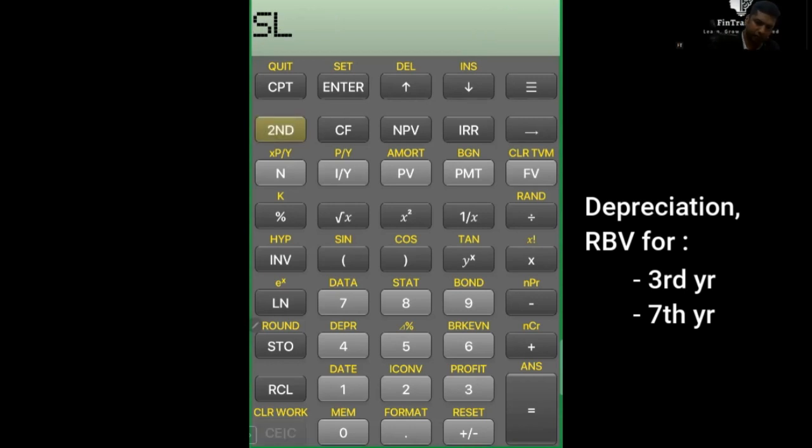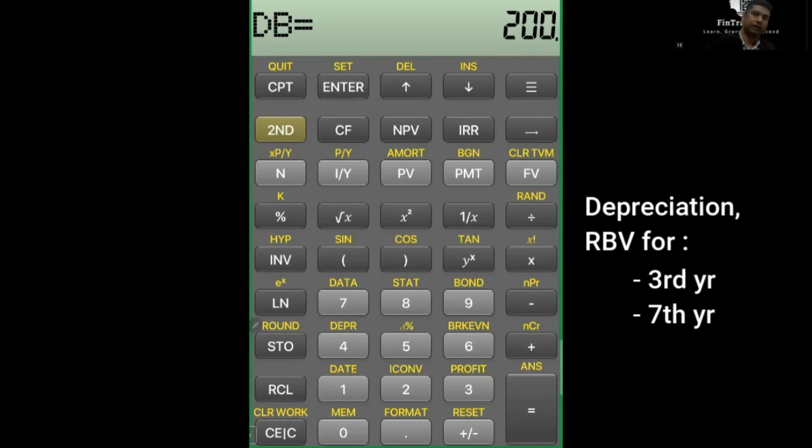Let me second clear work and then toggle to double declining balance. Here it is declining balance, but it is set to 200, which means it is double declining. If you are using certain tax codes, they might say 150% of the straight line depreciation multiple. Then you might use 150. For our purposes of CFA, we're going to keep it at 200.